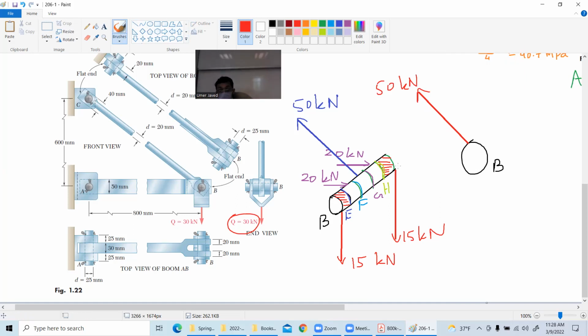And then we have 40 kilonewton here. And then we have 30 kilonewton here. I'm intentionally making the side view now. Just finish the problem, and then we will have a break.